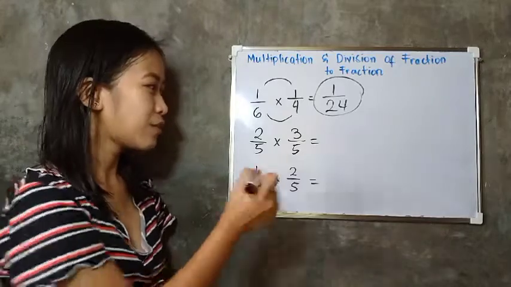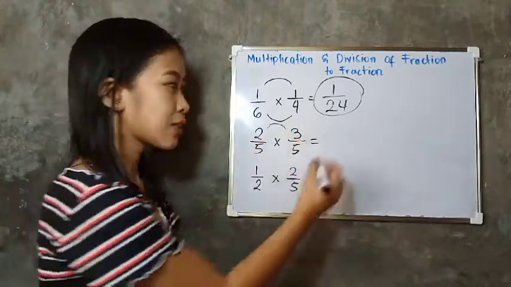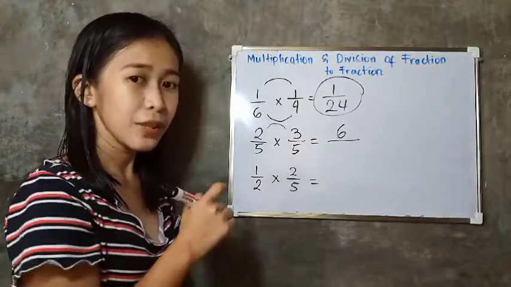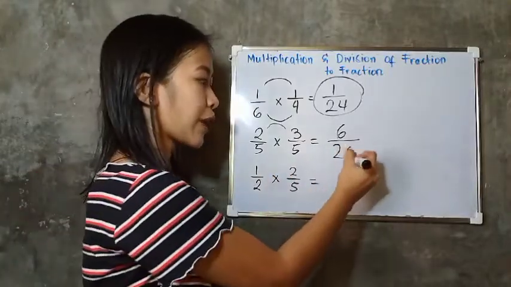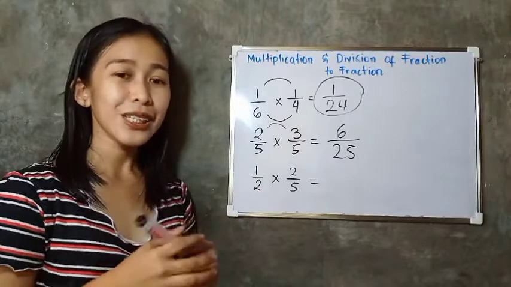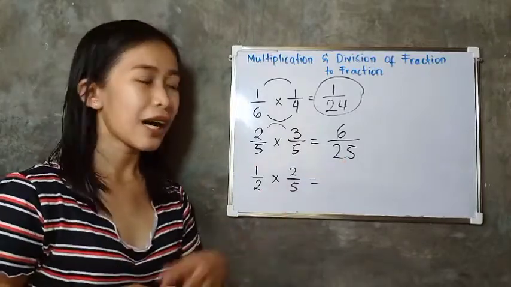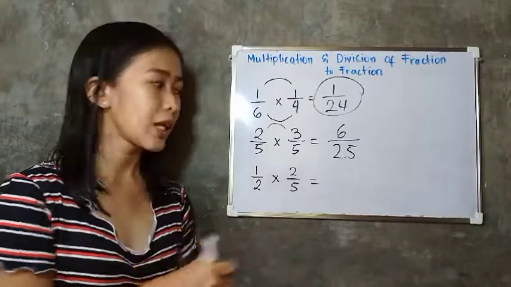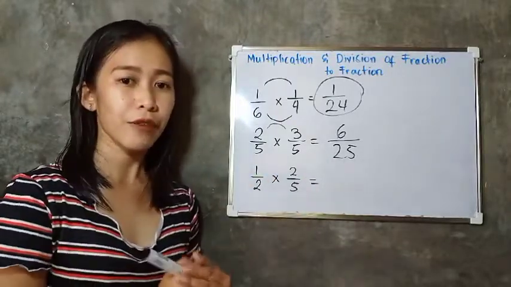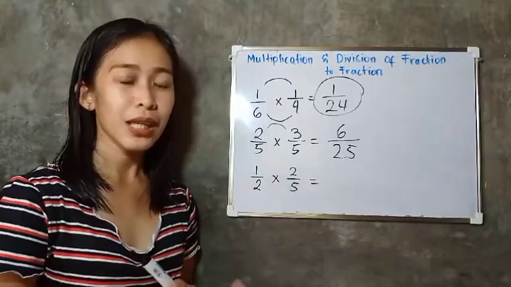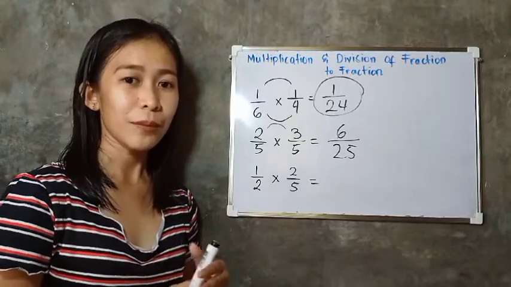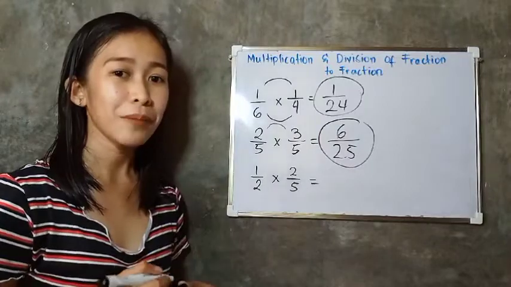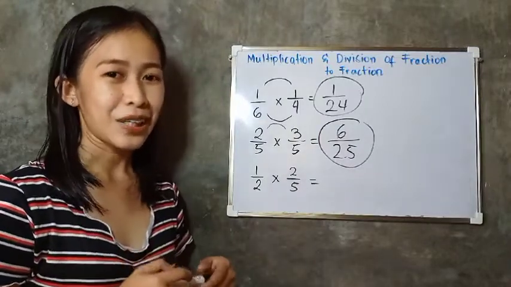So, we have 2 times 3 is of course 6 over 5 times 5 is of course 25. Okay? And as you can see, we can no longer simplify it. Why? Because 6 is divisible by 3 and 25 is divisible by 5, and we will not find a greatest common factor for them. Right? So we have 6/25 as our final answer.